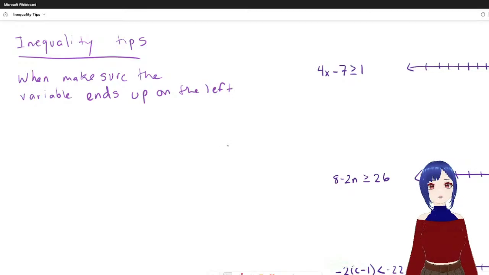And the reason we do this is because we can then focus on making sure that we can use some shortcuts for doing our graphing. So if the variable is on the left, you can use these shortcuts that I'm going to talk about.